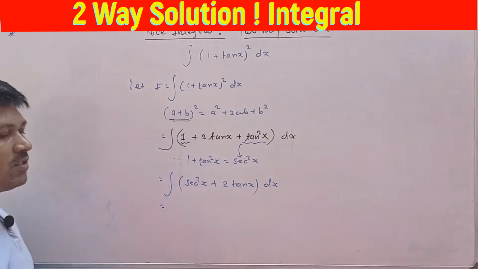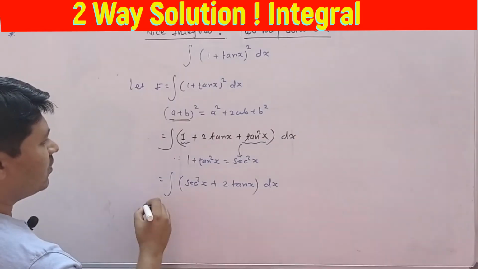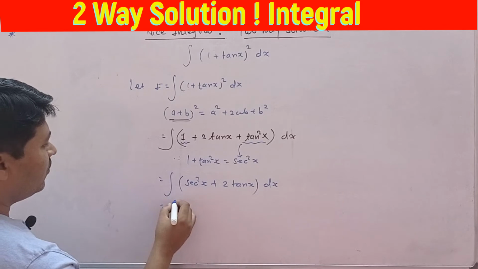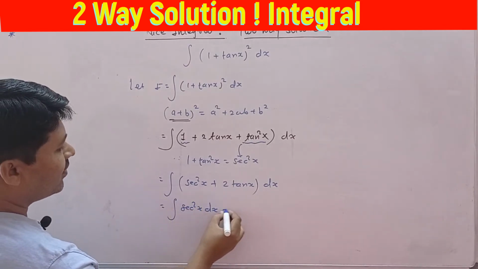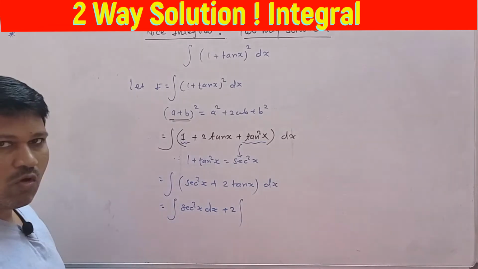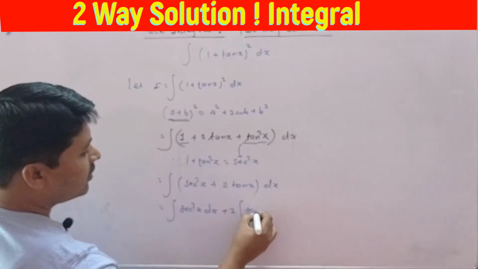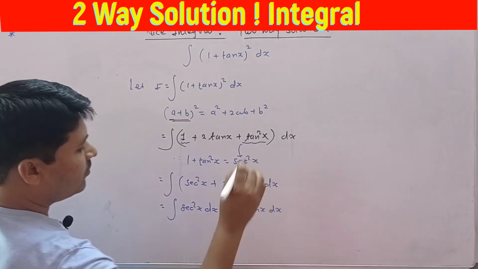We can integrate this separately: the integral of sec square x dx, plus 2, which is a constant, times the integral of tan x dx.